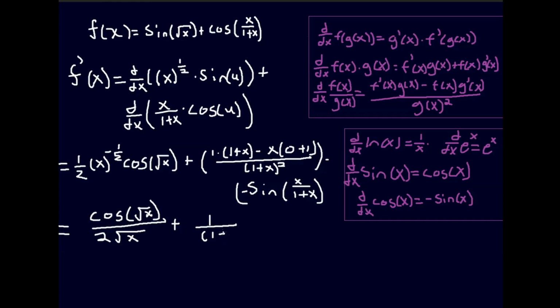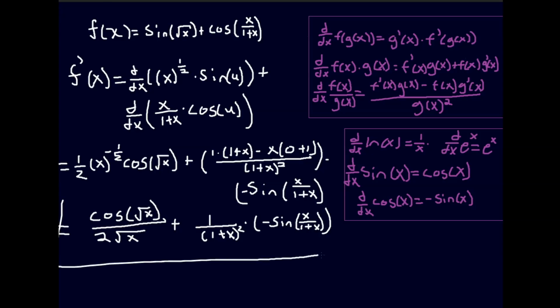Let me write that. 1 over 1 plus x squared, times negative sine of x over 1 plus x. And that is our final equation here.